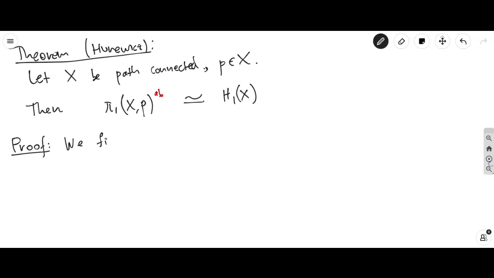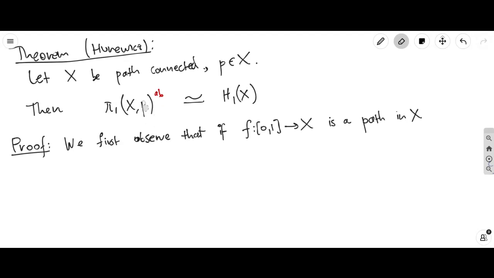We first observe that if f is a path in X, so we're not assuming that it's a closed path at P, like a loop at P. We'll do that later, but more generally, let's just assume we have a path in X. Then f is also a one chain in X.